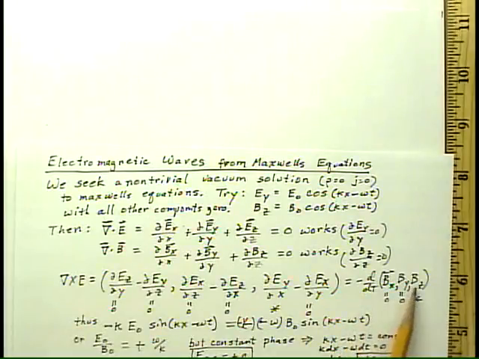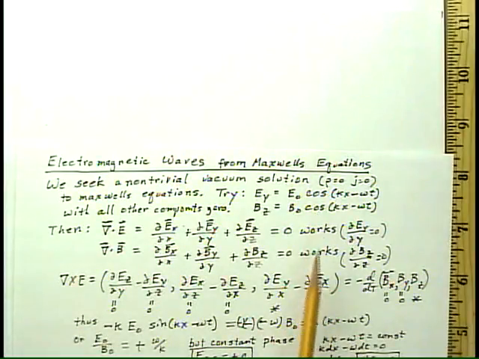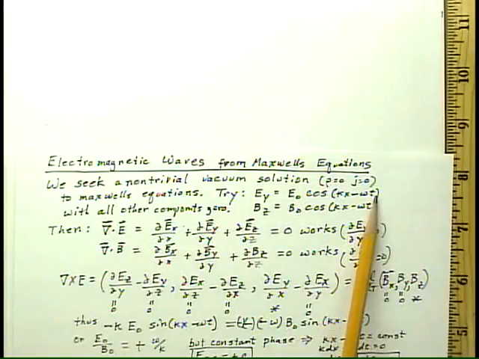Taking the negative of the time derivative of Bz, the derivative of cosine gives us the negative of a sine, and the derivative with respect to time gives us minus omega out front. We have a B0 sine of kx minus omega t.